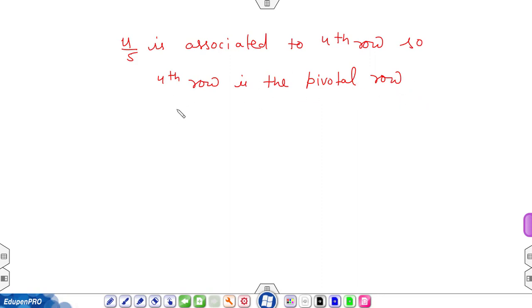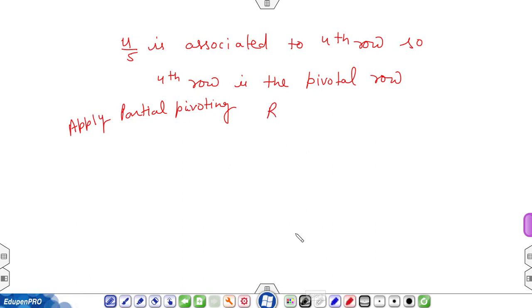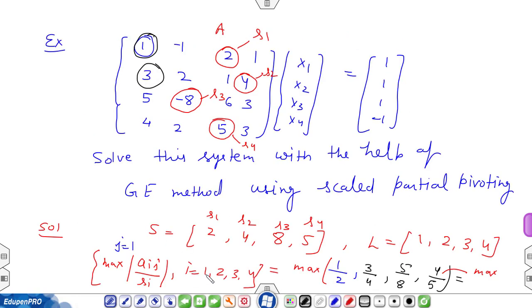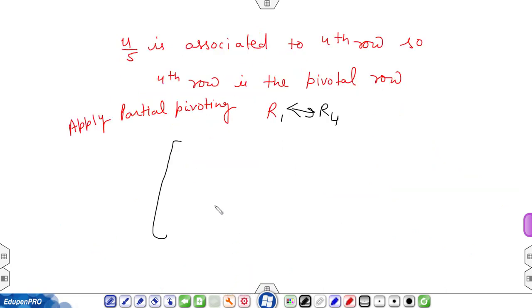Now, since we have to apply partial pivoting, whenever we apply partial pivoting, we have to interchange row R1 with R4. We have to interchange R1 and R4. So what is your R4? This is your row 4: 4, 2, 5, 3. Since we are applying the Gauss elimination method, we have to write it in the augmented matrix.